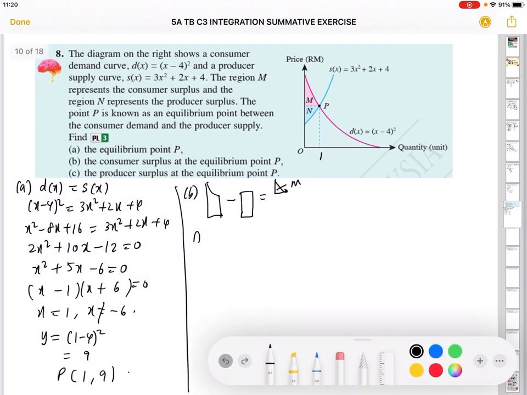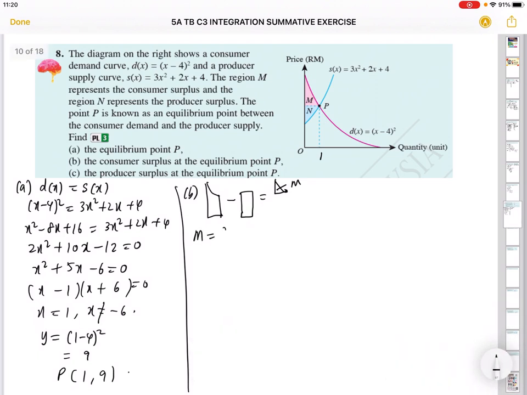integration from 0 to 1 of your function for the curve, (x minus 4) squared dx. But for the rectangle, we need to find the area. The height is 9 because it's given here, 1 to 9. So I'm just going to use length times breadth, 9 times 1. Here I use the composite function: (x minus 4), increase the power by 1 to 3, divide by 3, differentiate the inside, which is actually 1. If you don't want to write it, it's okay. From 0 to 1, minus 9.